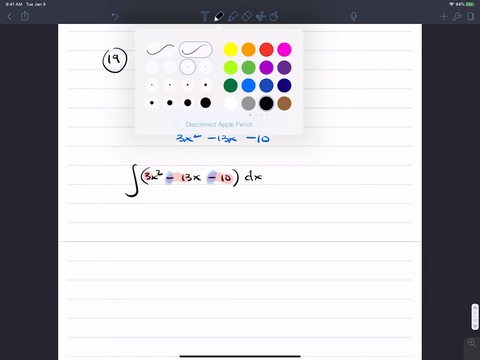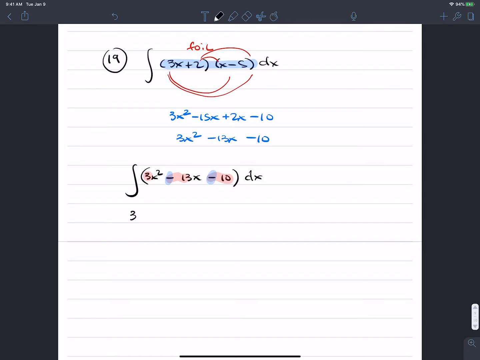So by our properties, we'll get 3 the integral of x squared dx minus 13 the integral of x dx minus the integral of 10 dx.